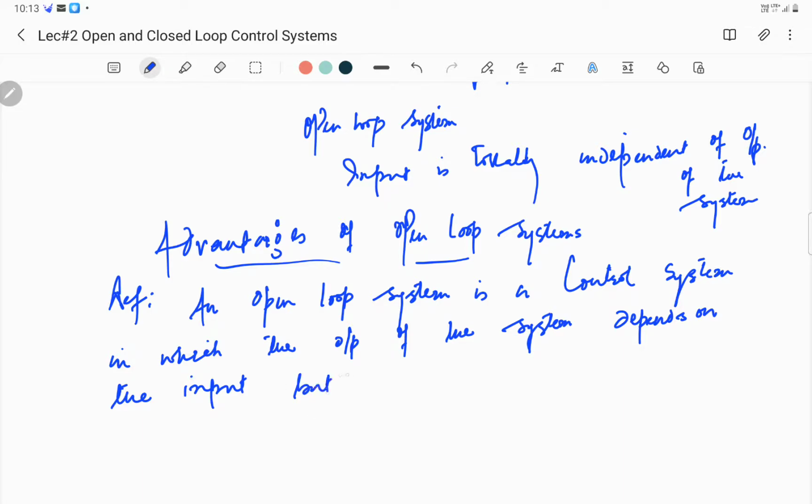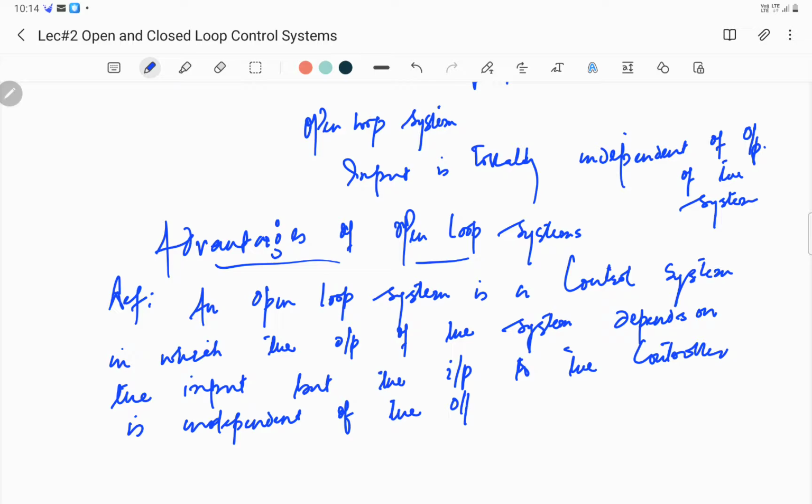But the input to the controller is independent of the output of this system.